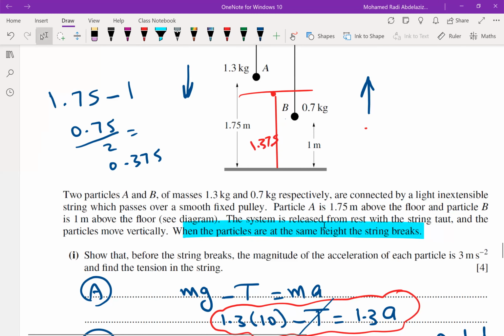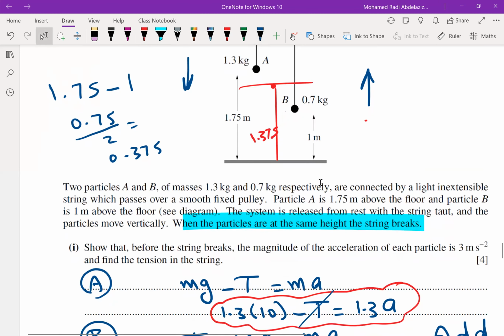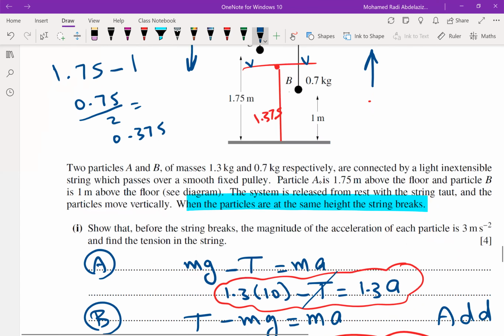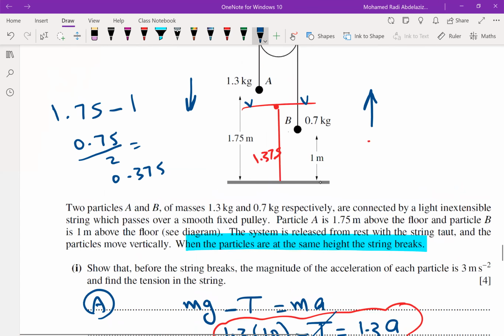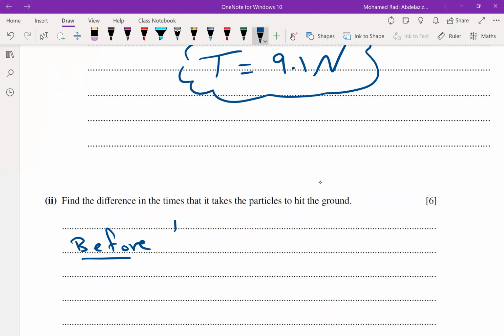Now, let's get the velocity when this particle moves down, and the same will be the same for the other velocity. Let me start now with particle A. Particle A starts from rest and moves down with acceleration equal to 3, a distance of 0.375.